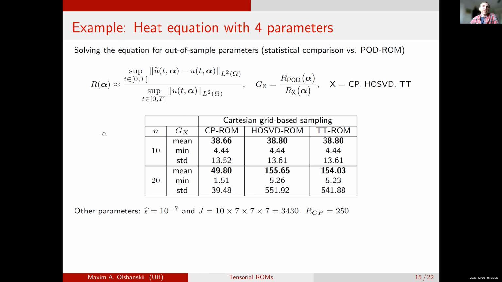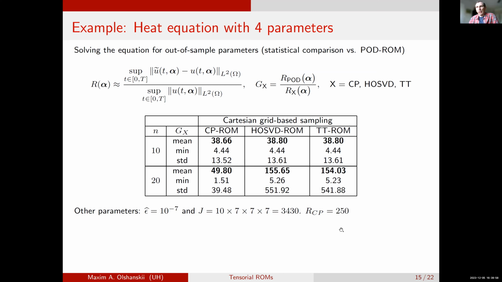We do random sampling of the parameter domain, so we have a lot of out-of-sample parameters, and these bold figures are the mean gain of doing tensor POD. For example, here for TT and reduced order dimension 20, the average gain was more than 100 times. We were more than 100 times more accurate.